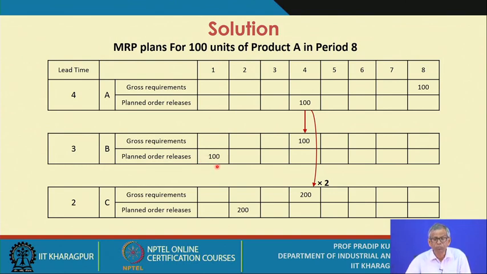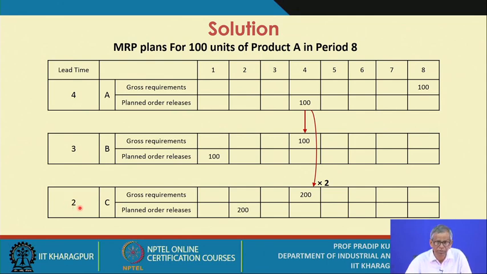It's clear? Now in order to produce the end item A, you require 2 units of item C. So at the same point in time, that is the 4th time period, you need 200 units of item C, and for item C the lead time is 2 weeks.